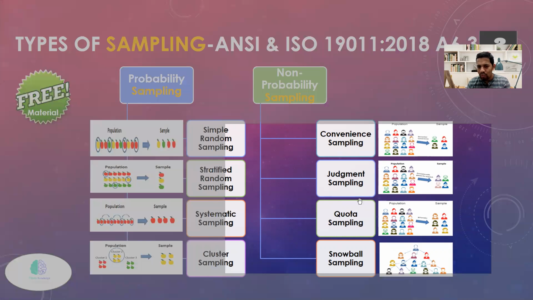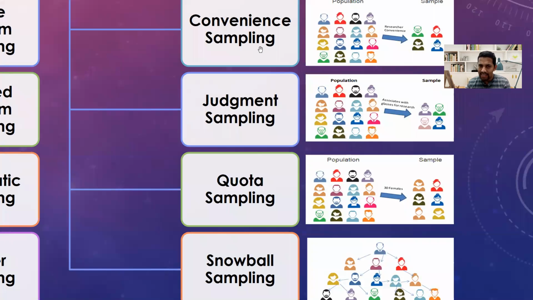Let's talk about non-probability sampling. It also has 4 types. One is convenience sampling, where you have a lot of freedom to take samples; you don't need to keep things in sampling order. Judgment sampling means you take one attribute and try to judge, for example, how many people in the city wear spectacles, so you take only that group and evaluate.